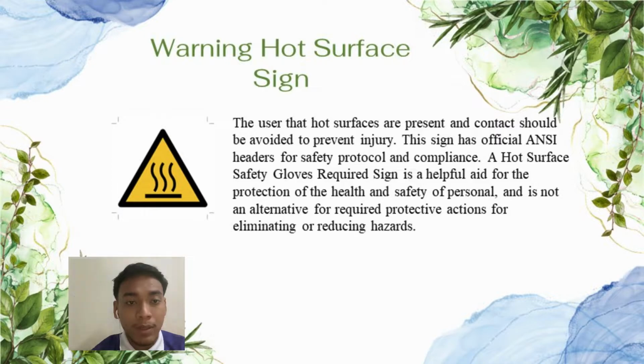This sign has an official ANSI header for safety protocol and compliance. The hot surface safety glove required sign is a helpful aid for the protection of the hands and safety of personnel and is not an alternative for required protective action for eliminating or reducing the hazard.